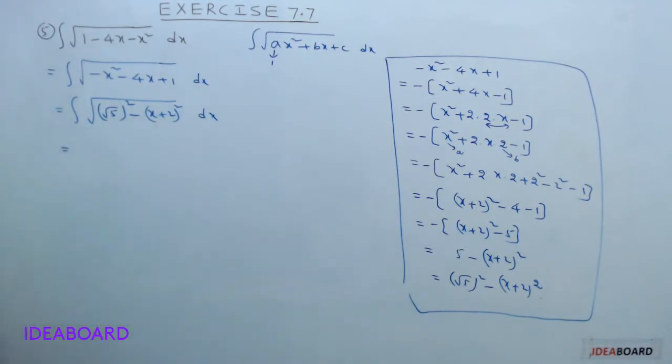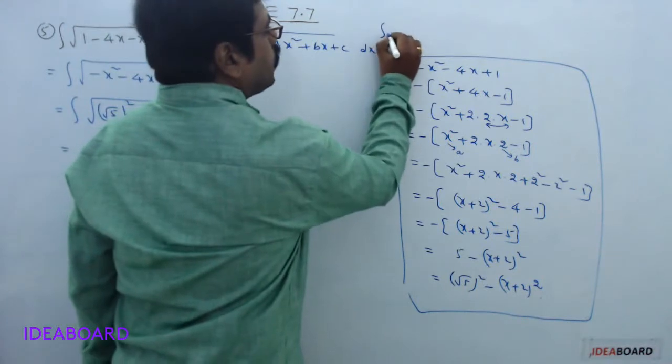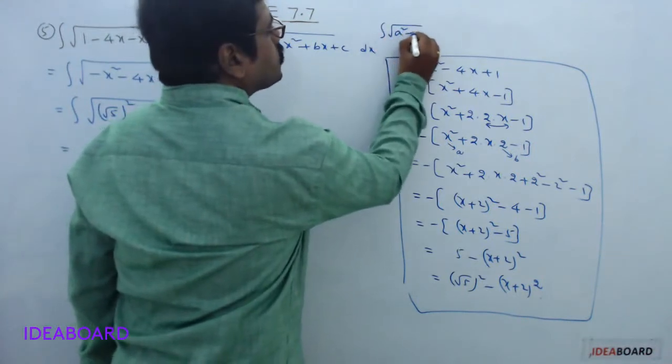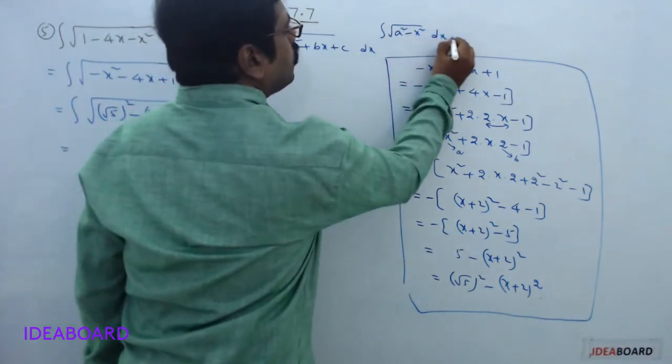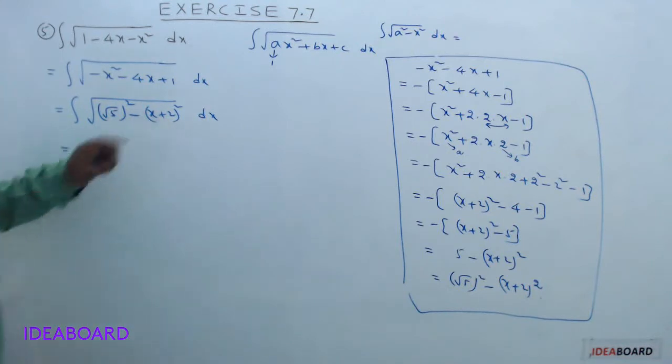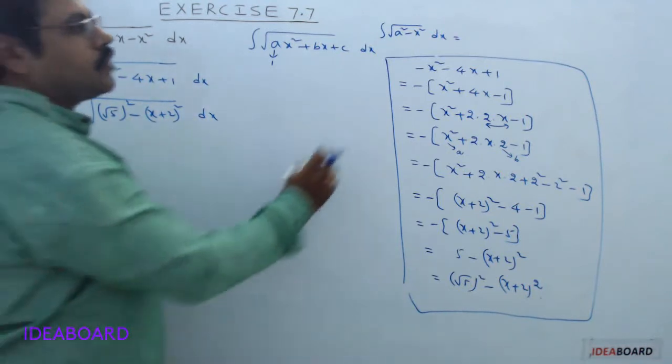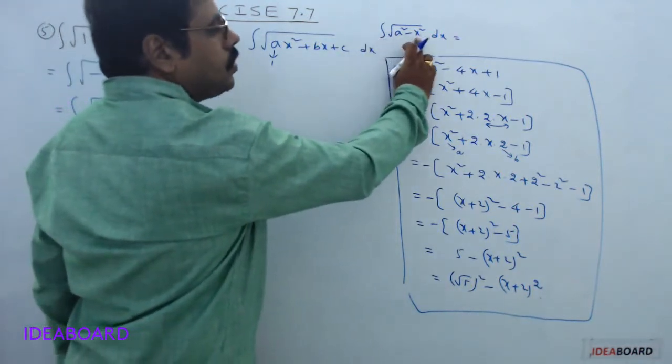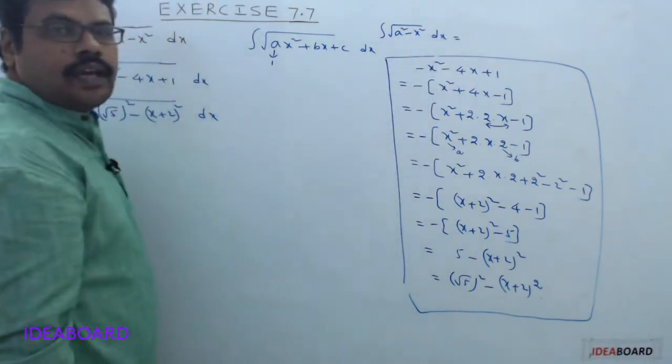Now in this term, if you consider root 5 as a and x plus 2 as x, this term is of the form integral square root of a square minus x square dx.